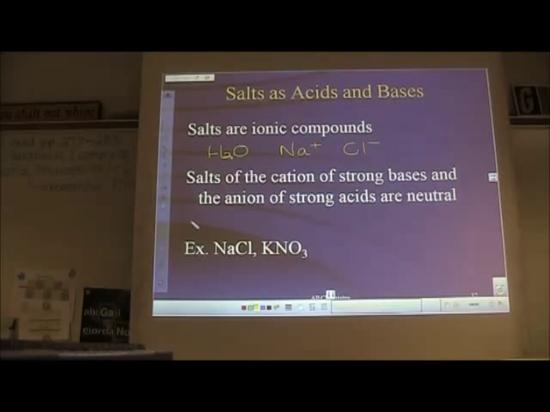Let's start with the Na plus ion. That ion could react with water, and I'm going to write water not as H2O, but HOH. You don't have to. I prefer to, and I'll explain why, but you certainly don't have to. I like to think of water as an H plus and an OH minus put together, because that's basically what it is.